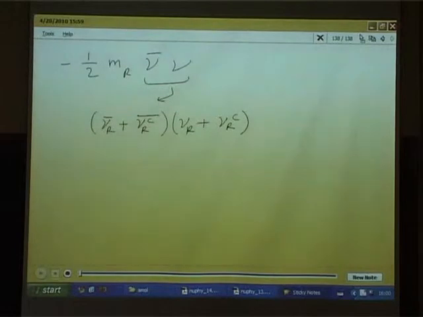If I combine them, I am going to get ν_R bar ν_R plus ν_R^c bar ν_R plus ν_R bar ν_R^c plus ν_R^c bar ν_R^c.